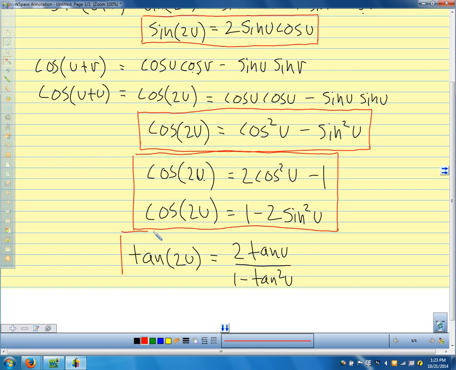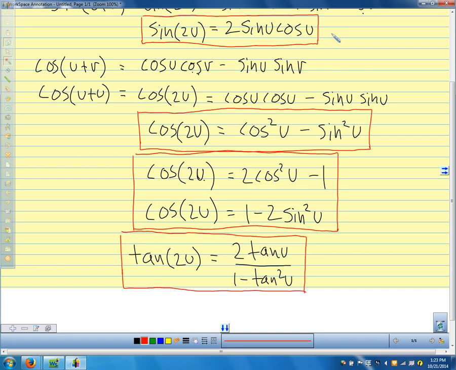I would provide you with that one as well. During the test, I'll just have a list of formulas written on the board. Again, this one comes from doing the sine of 2u over the cosine of 2u and simplifying. Yes? You only have to remember the very top one from today.